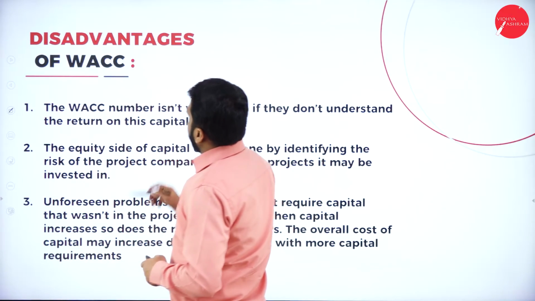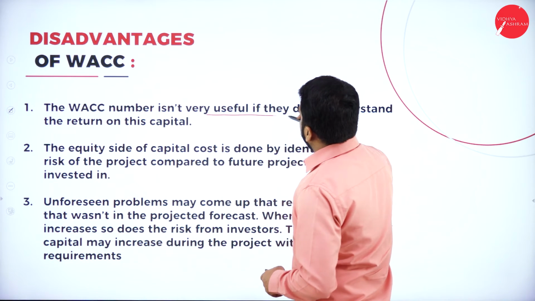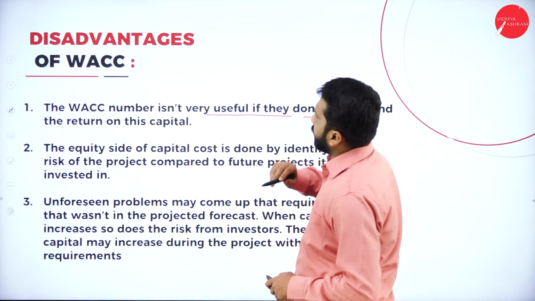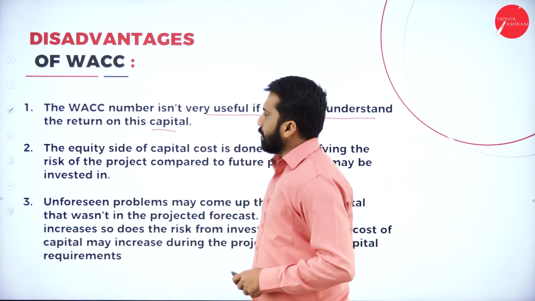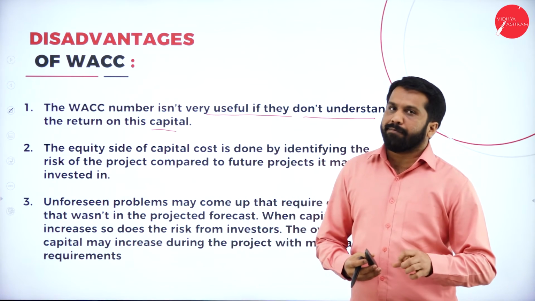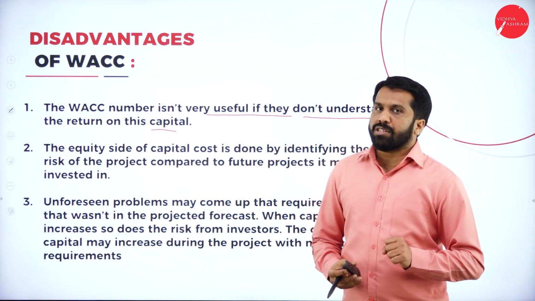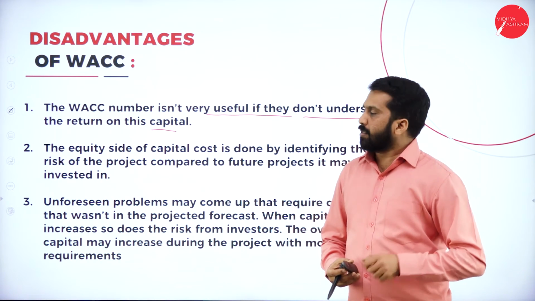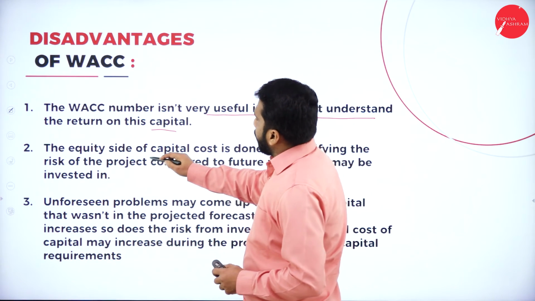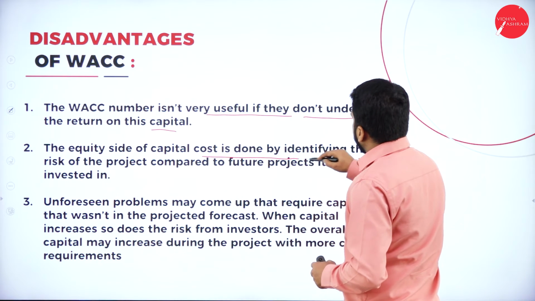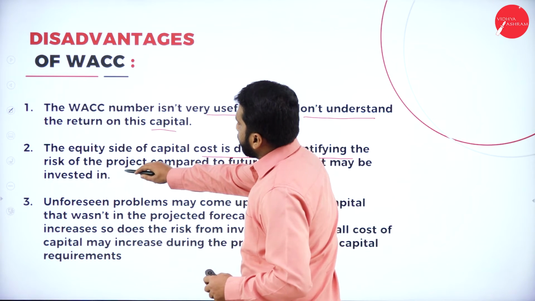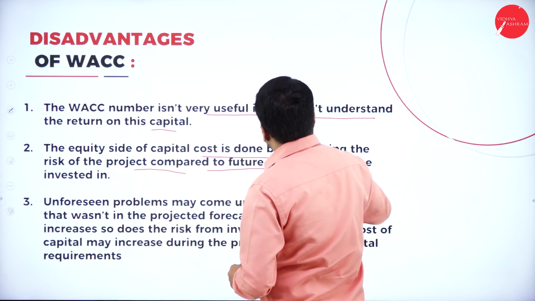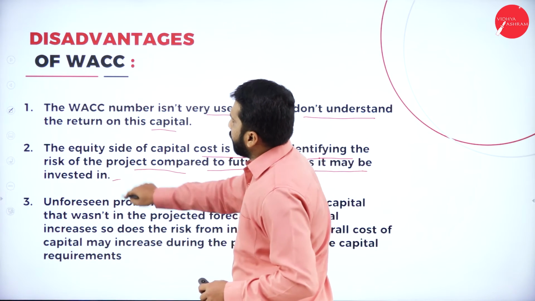The limitations are: the WACC number isn't very useful if they don't understand the return on this capital. If they give wrong information, if your calculation is wrong, your returns will also become fluctuating. Second one, the equity side of the capital cost is done by identifying the risk of the project compared to future projects it may be invested in.